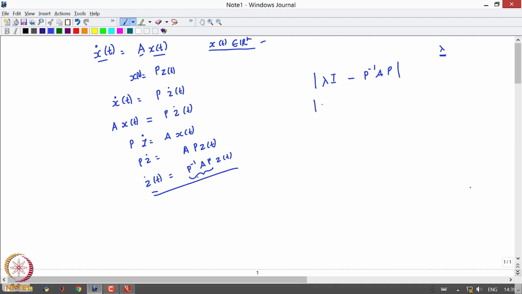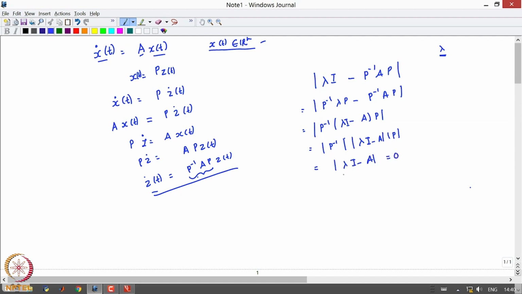I can write this as the determinant of P inverse times lambda I minus A times P, which is the determinant of lambda I minus A. The solution to the characteristic equation would just be to equate this to 0.